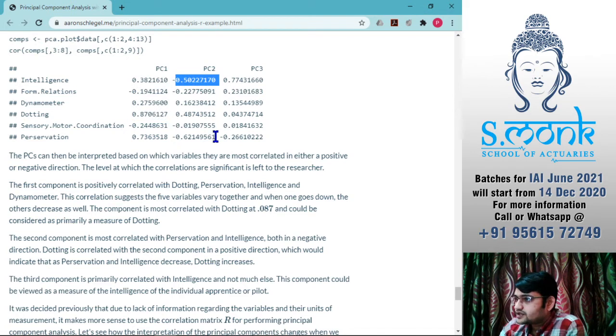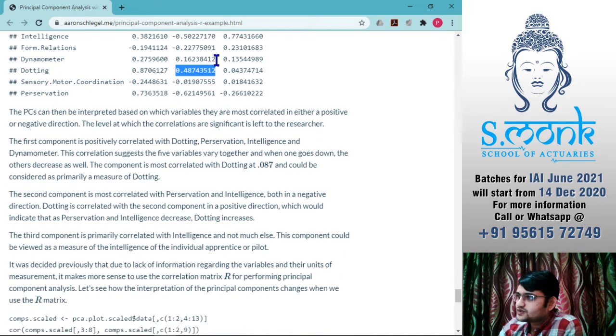These two are in the negative direction with PC2, and the majority relationship in the opposite direction is for dotting. So most likely if these two decrease, then dotting will increase. Others will also increase, but dotting will increase the most.